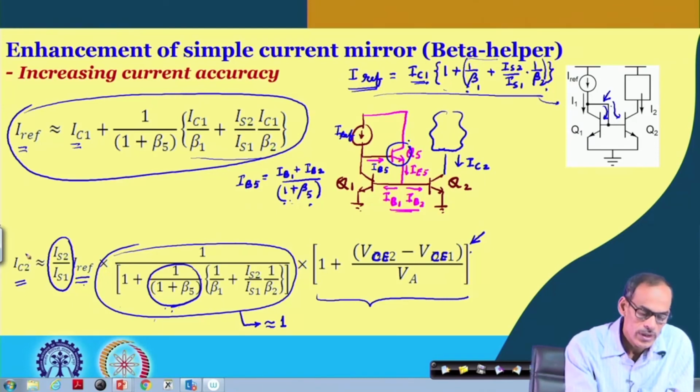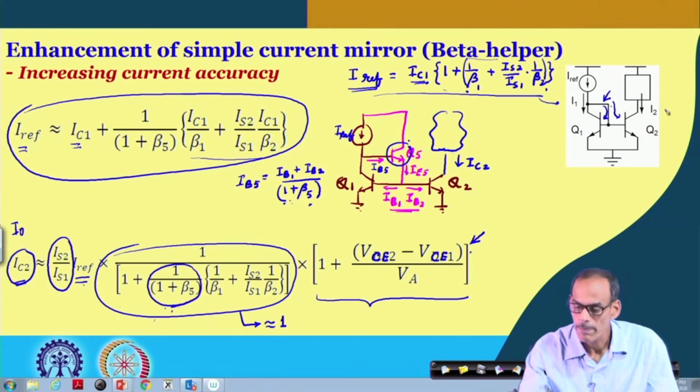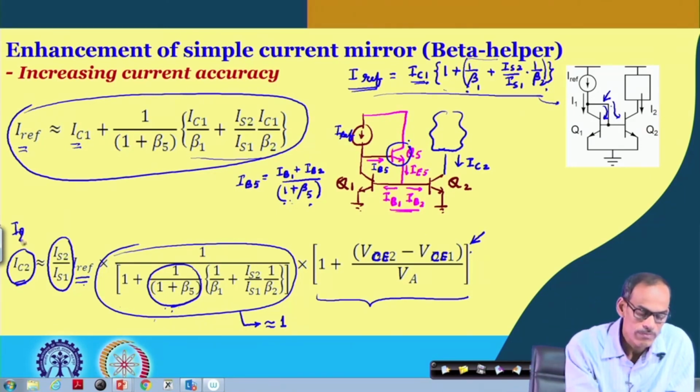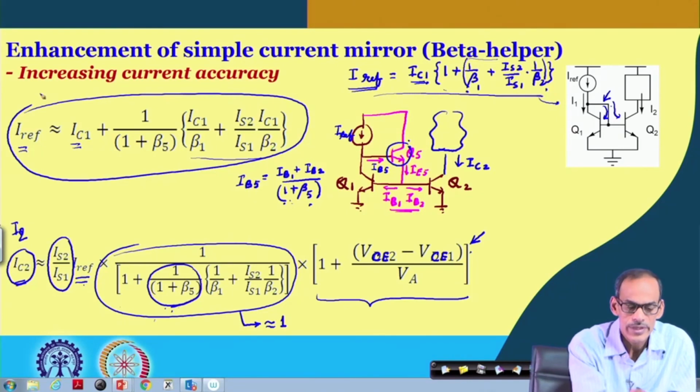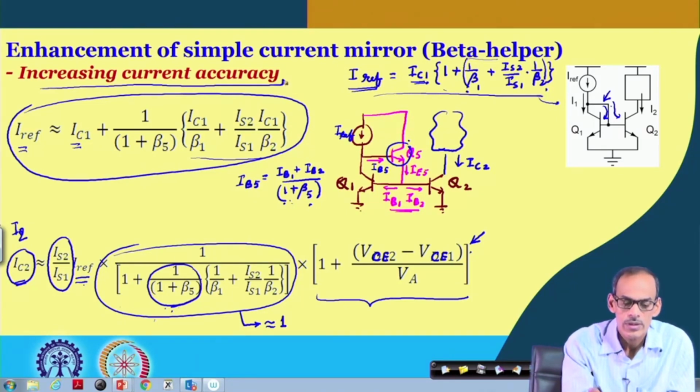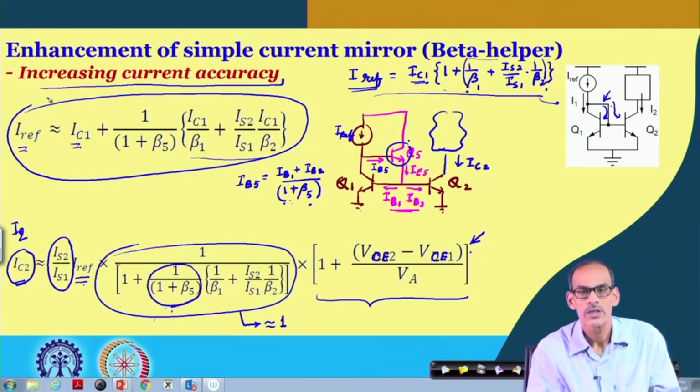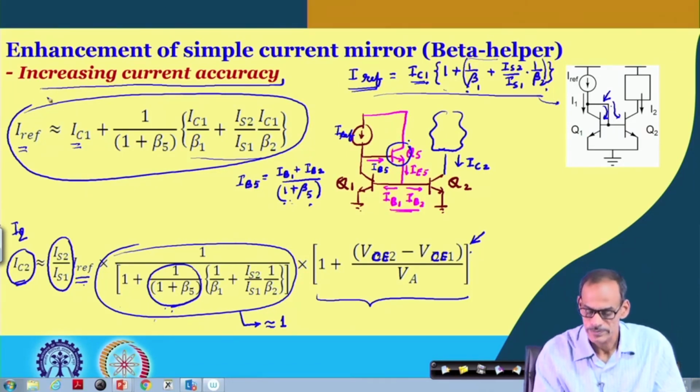So, that is the expression of the final current, whatever you see, IO or I2. These are the two possible ways of improving the circuit, and by doing this, the non-ideality factor goes close to 1. In other words, the beta helper circuit increases the accuracy of the current.